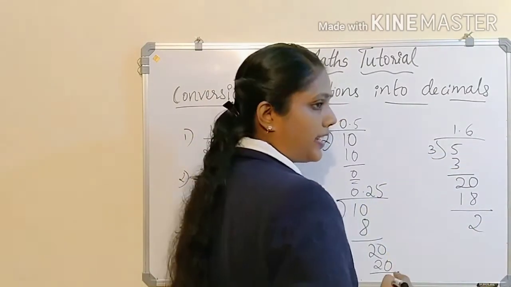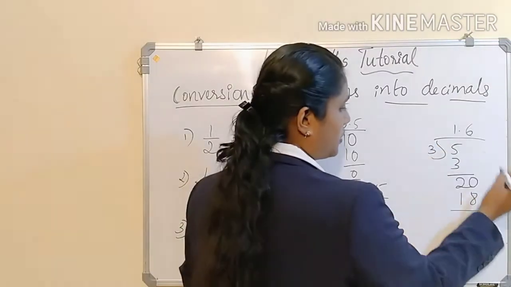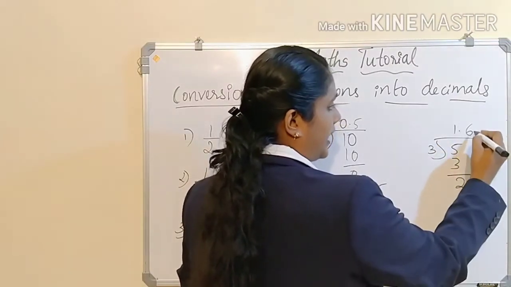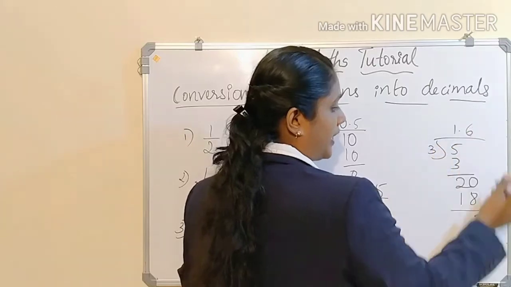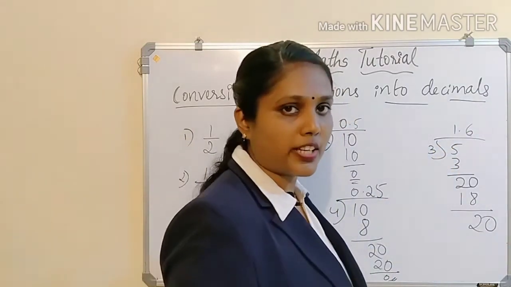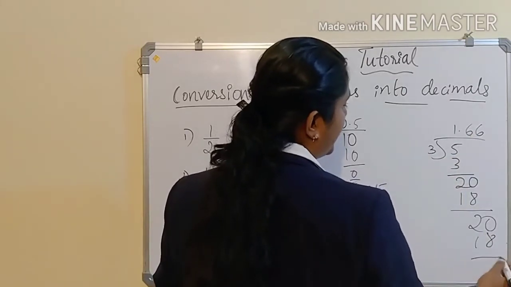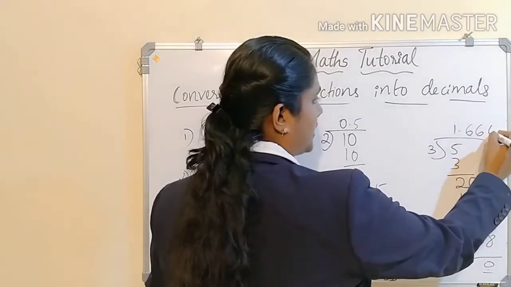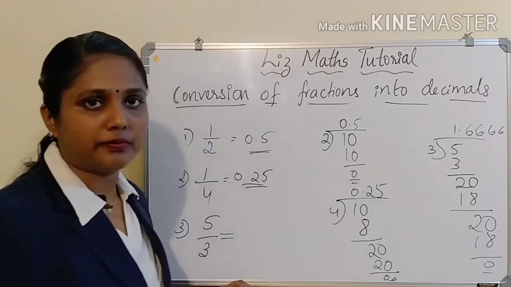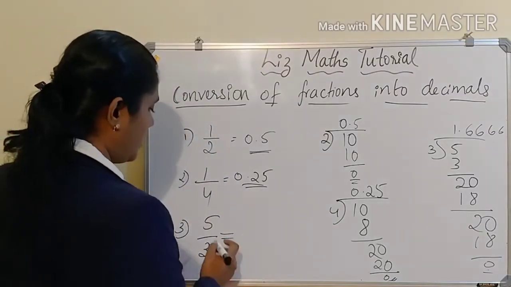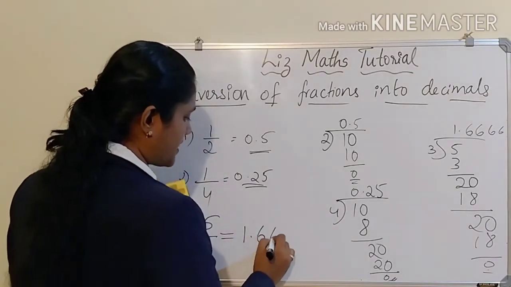So 2 is remaining again. So again you have to put a 0 here. 3 how much? Again 3 6s are 18. So it will repeat like 1.6666. Got it? So here 5 by 3 is nothing but 1.666.